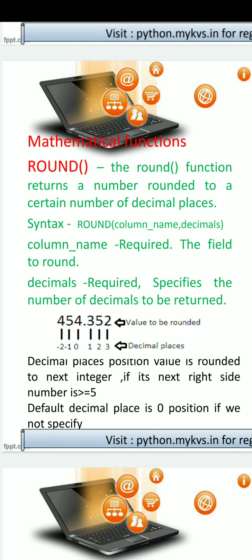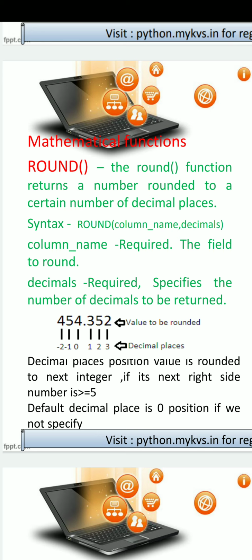If rounded, 4.5 will be rounded to the next integer, that will be 5. It means we use the round function in our real life also. Suppose another student gets 4.3, it should be rounded to 4 only.